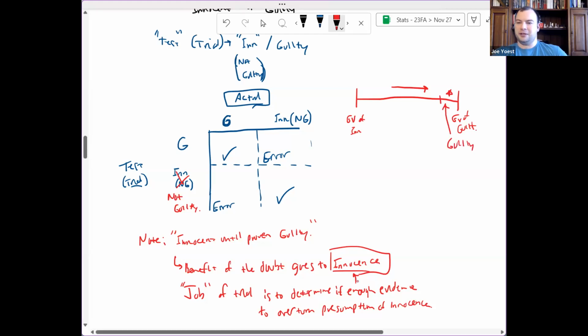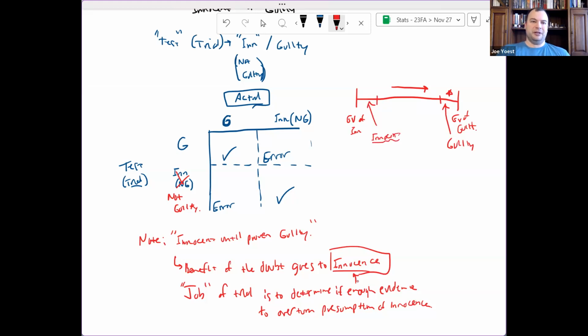Hypothetically, we might also have a region over here where we might say, oh, after this much evidence came out, the person is almost definitely innocent. But importantly, there's a lot of space in the middle where maybe there's some evidence that they're guilty, but not conclusive.